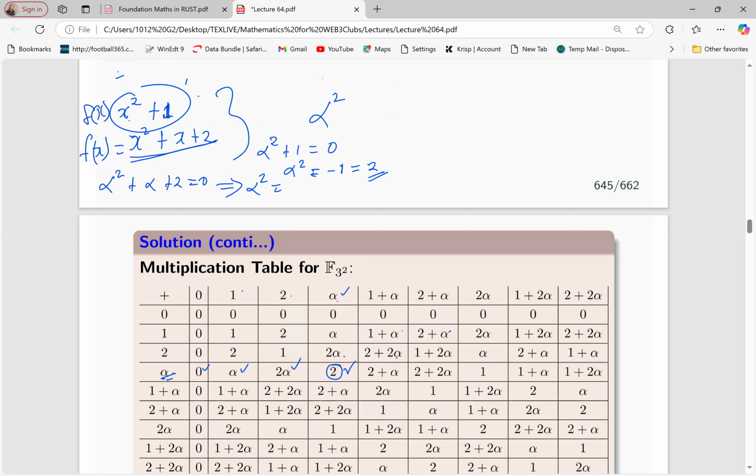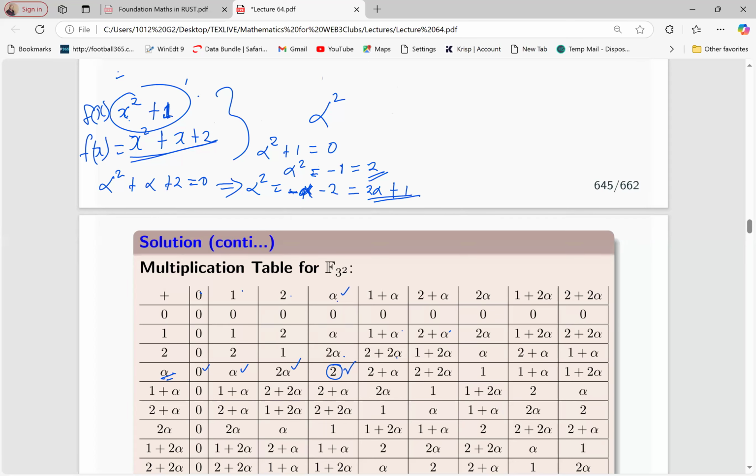Alpha square, therefore, is negative 1, negative alpha, negative 2, which then becomes, mod 3, 2 alpha plus 1.